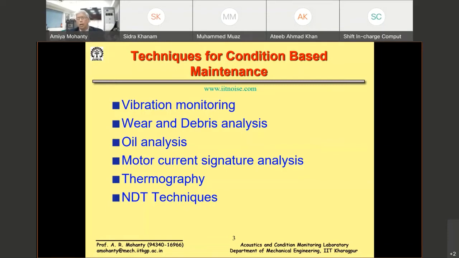Now, as I was telling you, if I have the present fault conditions and the past conditions, through proper mathematical tools, I can predict the future. Predicting the future means the remaining useful life, as to how long my machine is going to survive before it is sent for a repair.